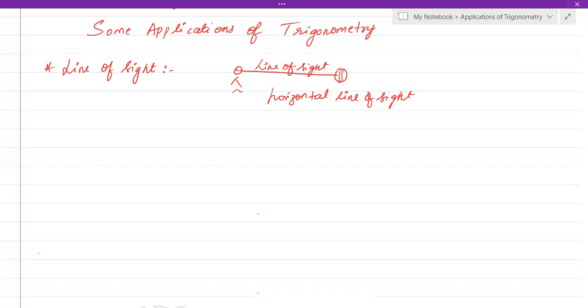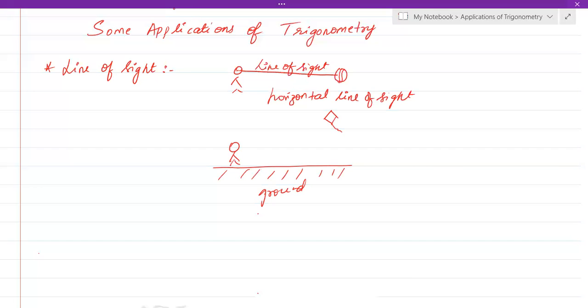Now let's say there is a kite. Let's say this is the ground, and there's a person standing. He is watching a kite that is flying above his head.